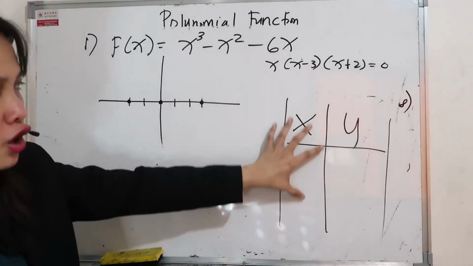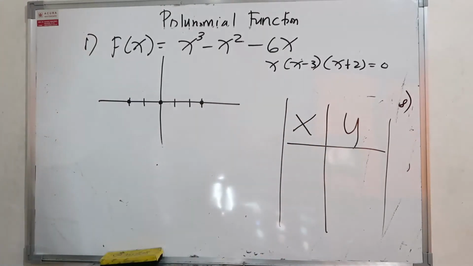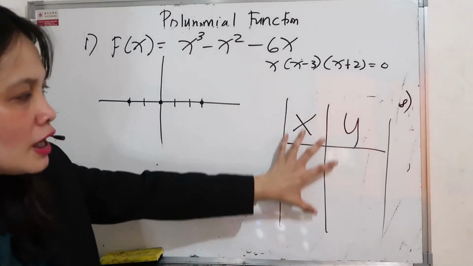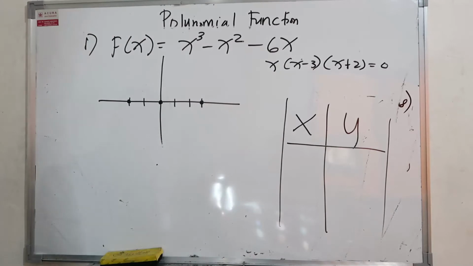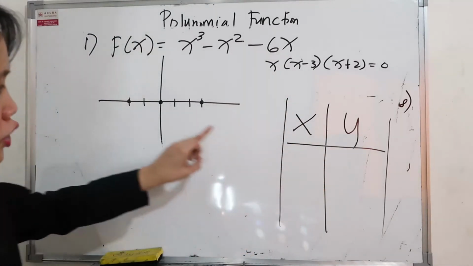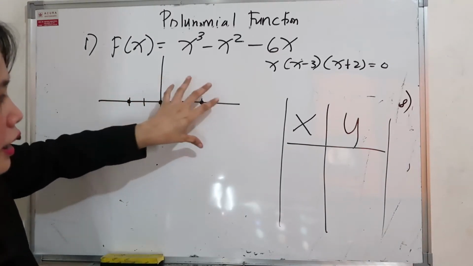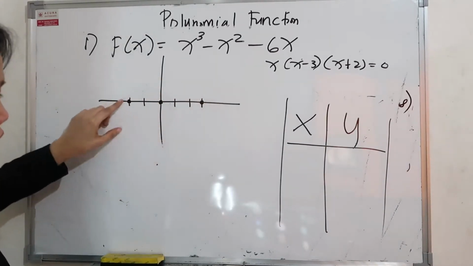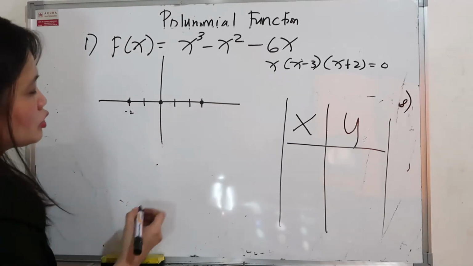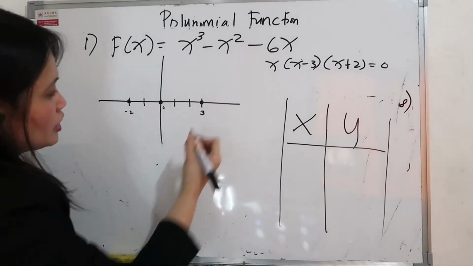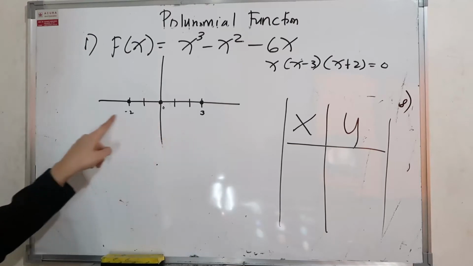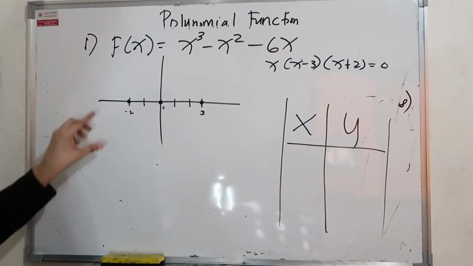Assign values of x. Of course, you need to assign values of x beside those numbers we plotted: negative 2, 0, and 3. So you choose numbers beside those numbers we plotted a while ago.